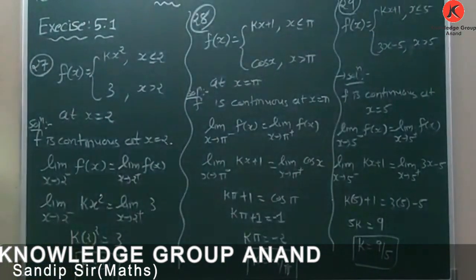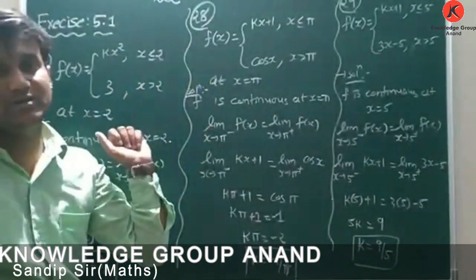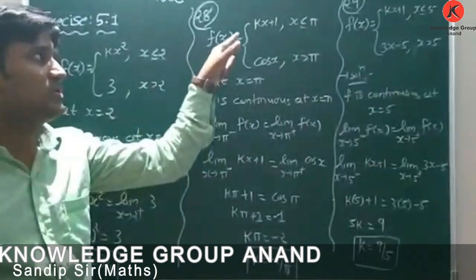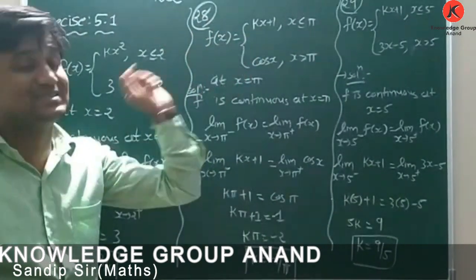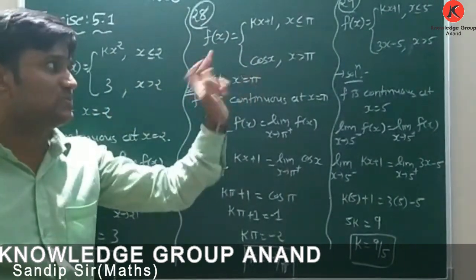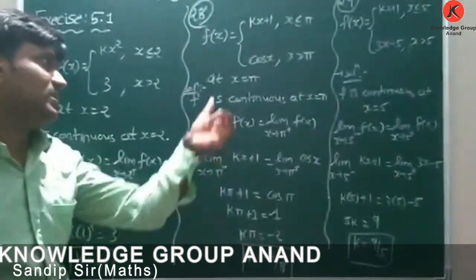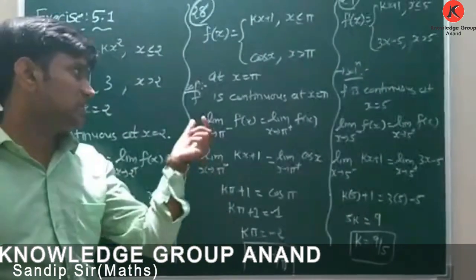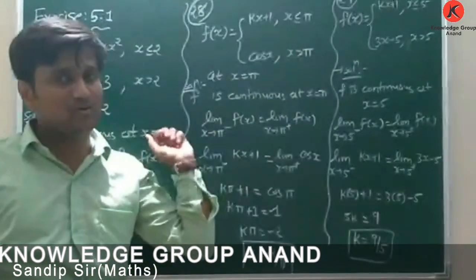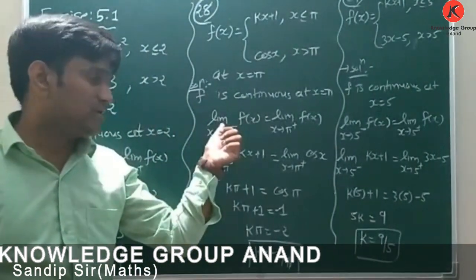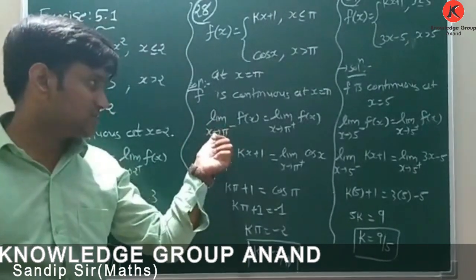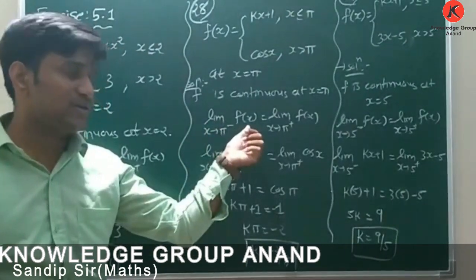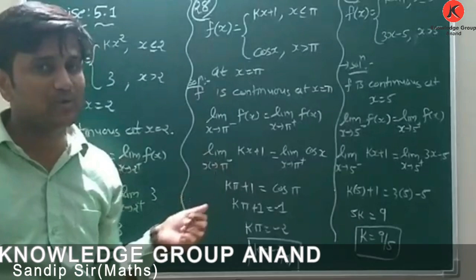Similarly, question 28 is the example f of x is equal to kx plus 1 where x is less than or equal to pi, and cos x where x is greater than pi, and at x equals pi the given function is continuous. So f is continuous at x equals pi. According to the definition of continuity, limit x tends to pi minus f of x is equal to limit x tends to pi plus f of x.